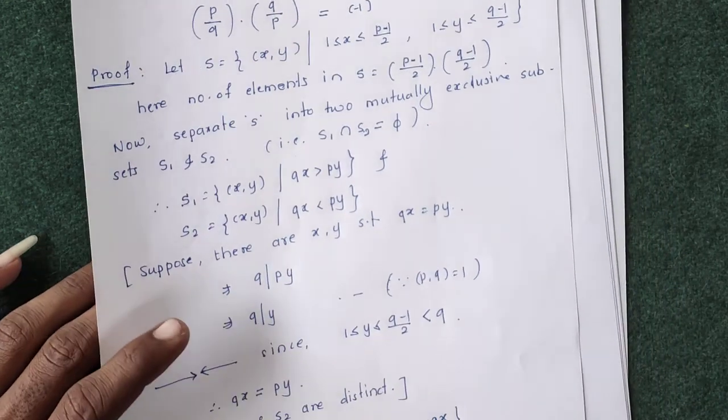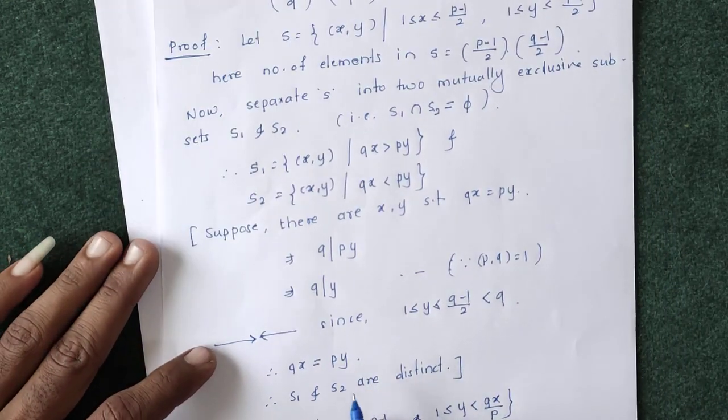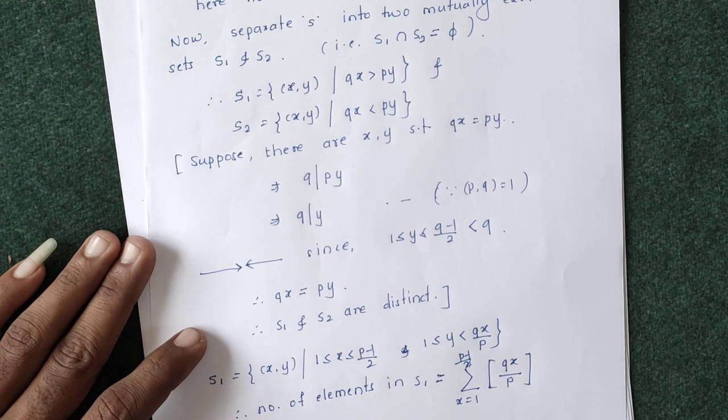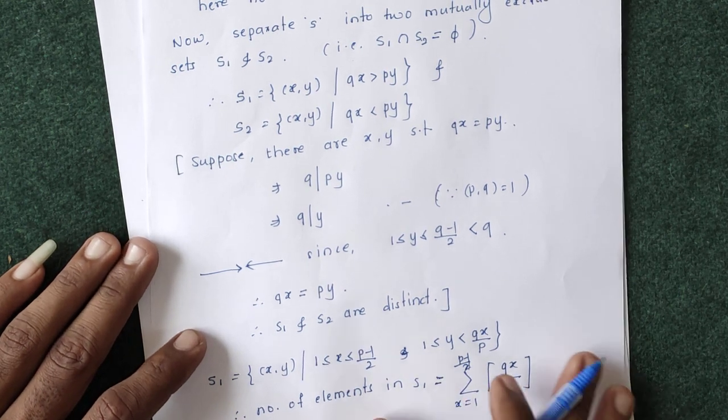So we have taken two subsets of S. In S1 the values of x are from 1 to (p-1)/2, and in S2 the values of y are from 1 to (q-1)/2.